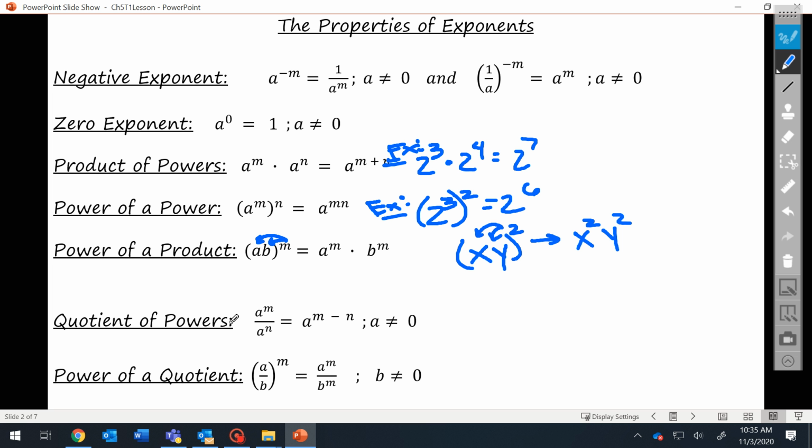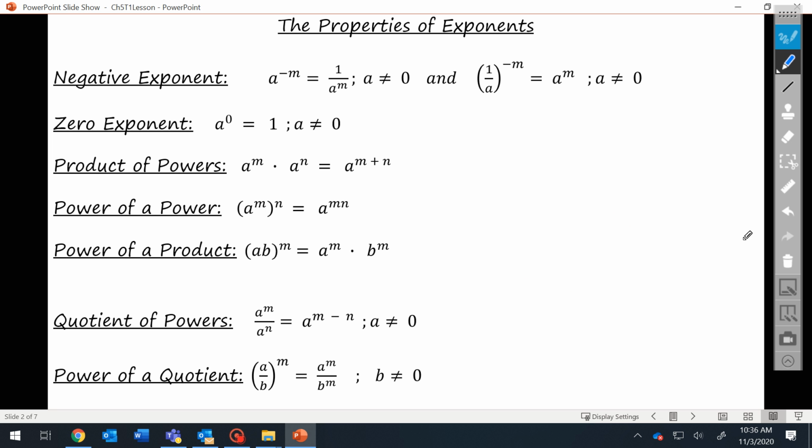Quotient of powers: when we multiplied bases that were the same, we added the exponents. 3 plus 4 is 7. When we divide or have a quotient, we subtract the exponents. So for example, x to the fifth over x to the third is x to the second.